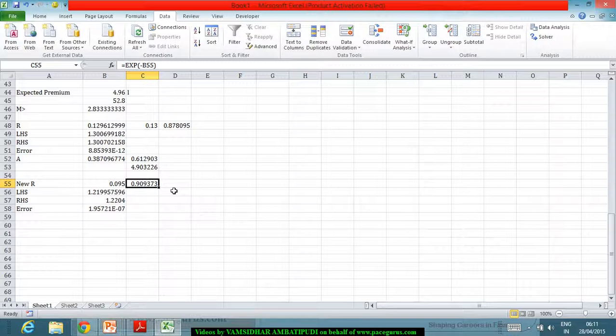So here the adjustment coefficient is higher, so the probability of ruin is lesser.